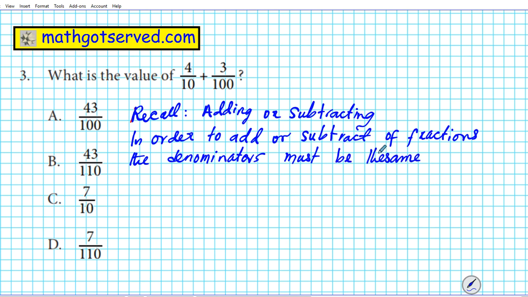They must be equal to this special value known as the lowest common denominator. So that's the condition. The denominators have to be the same, and then you can go ahead and add.